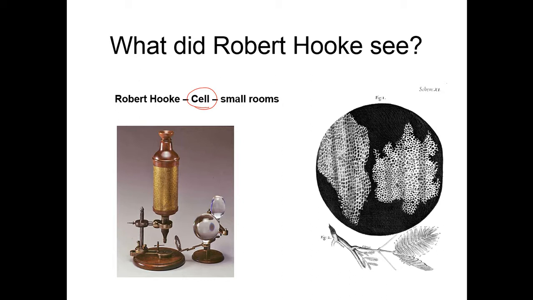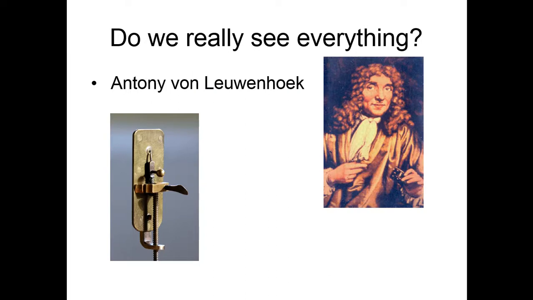That was his microscope. This was a simple microscope with only one lens. Do we really see everything? One of my favorite people in biology is Anthony van Leeuwenhoek. He was a Dutch merchant, a fabric merchant. He had no high level of education.